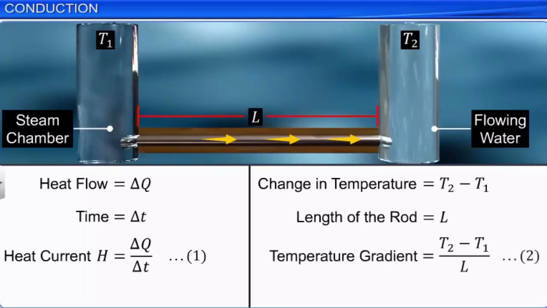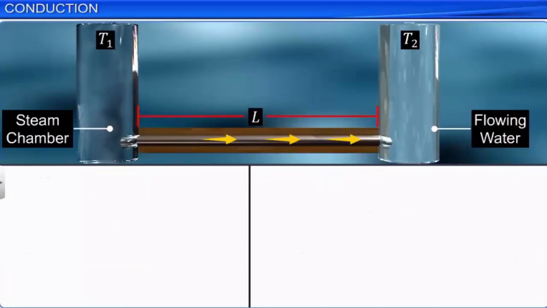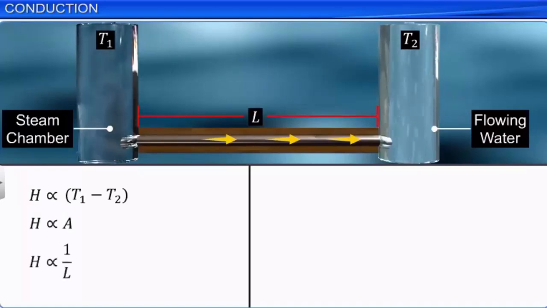It is experimentally found that in a steady state, heat current H is directly proportional to the temperature difference between the two ends and cross-sectional area of the rod. It is also found that H is inversely proportional to the length of the rod.